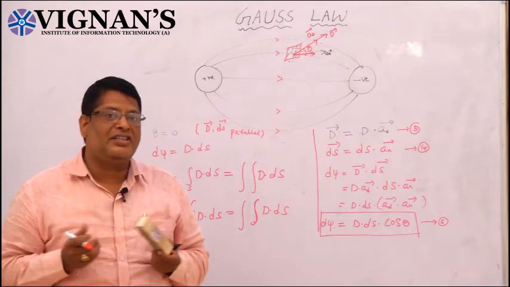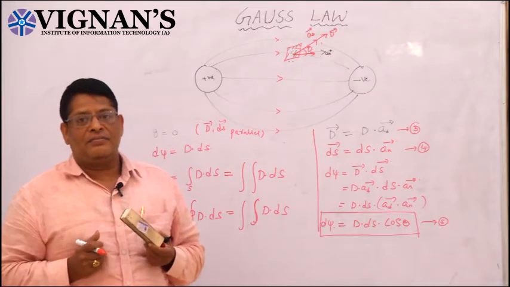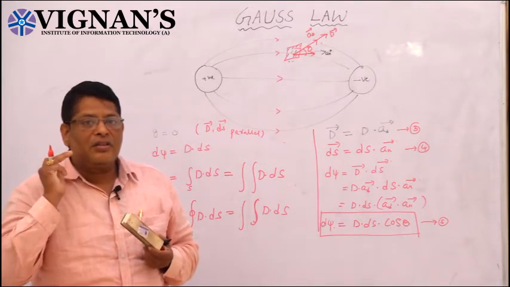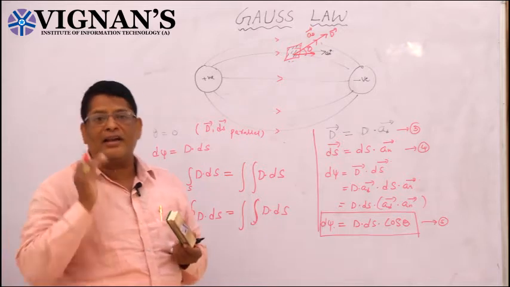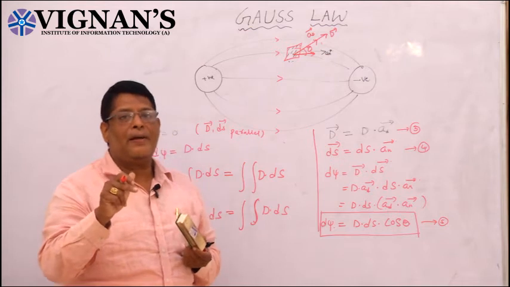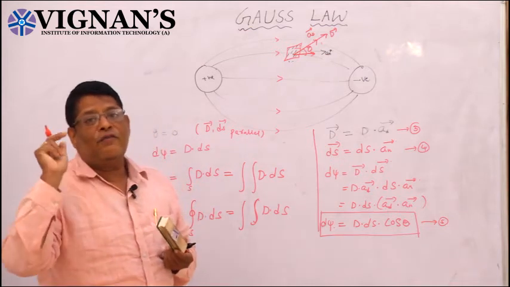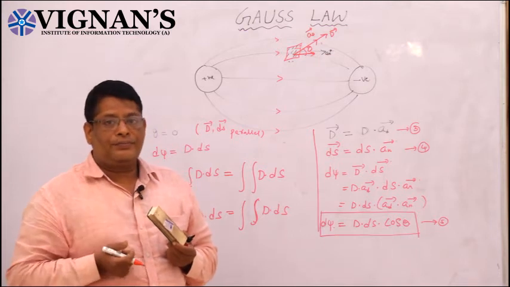The relation is there because these two quantities are linked with the electric flux. So whenever these two quantities are linked with the electric flux, definitely there is some link between the flux density and the electric field intensity that we are going to find out.